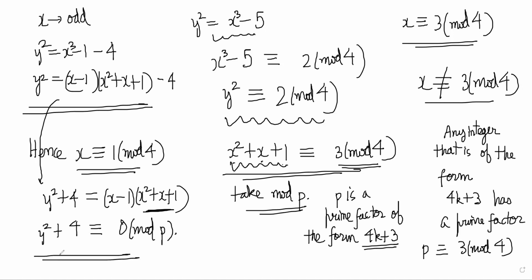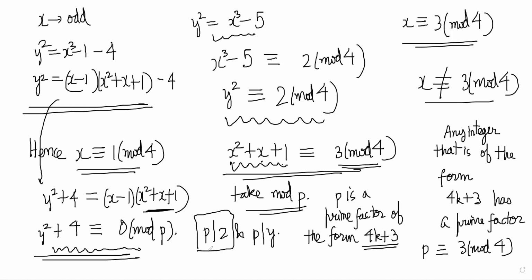And now what we know from this is that we are getting it in the form of the second version of the theorem. We are getting x squared plus y squared is congruent to 0 mod p, which implies both x and y are divisible by p. So from here p should divide 2 and p should divide y.